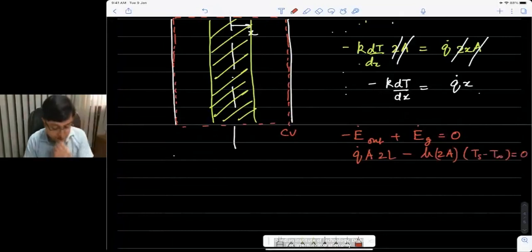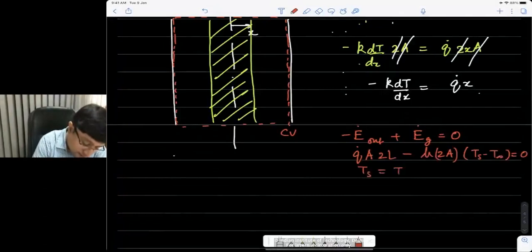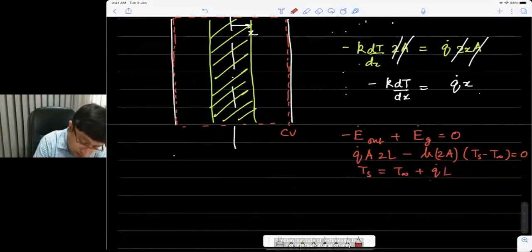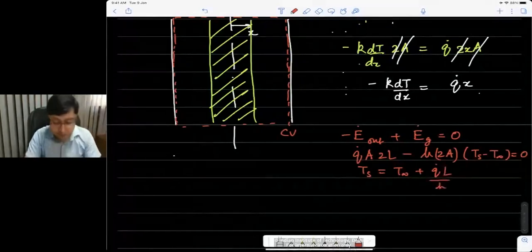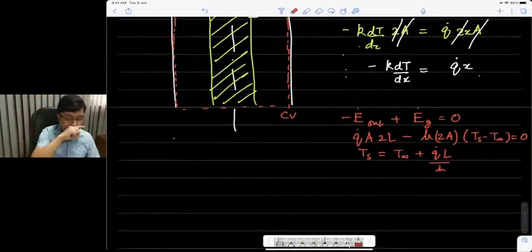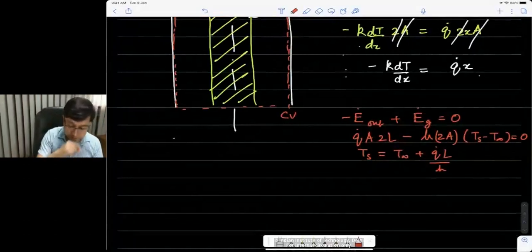So this should be equal to 0. And so we again get Ts to be T infinity plus q dot L by h, which is basically what I was saying, that we can do even using the flux boundary condition. This is now based on energy balance.